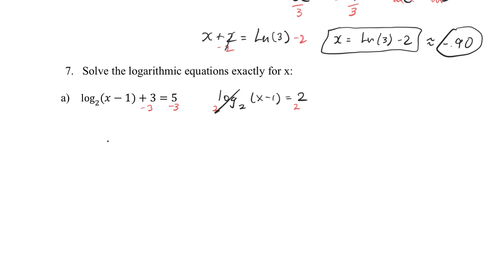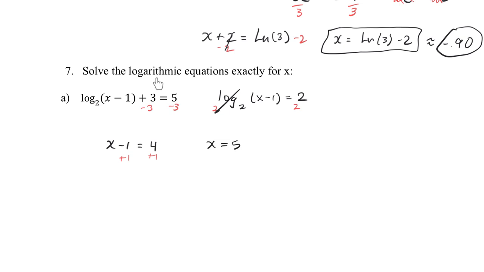So we have now x minus 1 is equal to 2 squared, which is 4. Add 1 to both sides. And we get x is equal to 5.